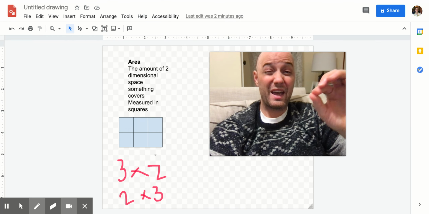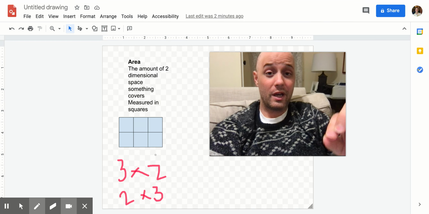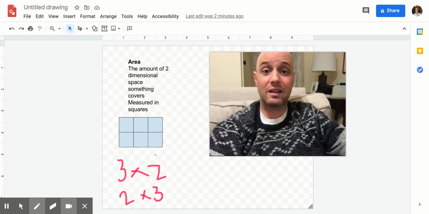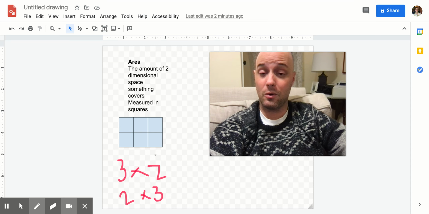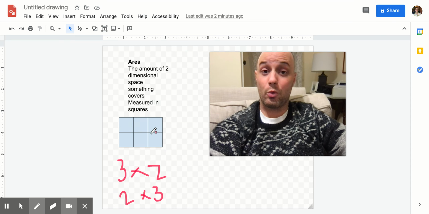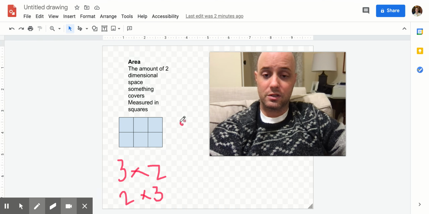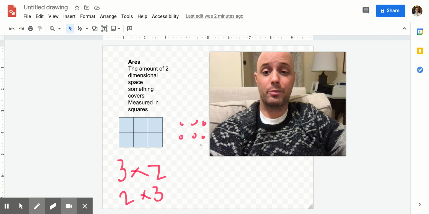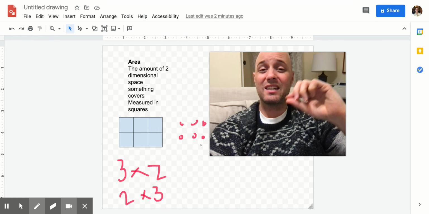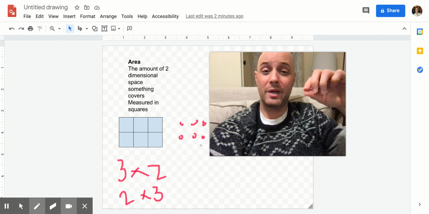Now we call that the area array way, and maybe you'd never considered why it's called that. Well, you know that an array is when you have squares like this or dots like this, but it's called the area array way because area is the amount of two-dimensional space.